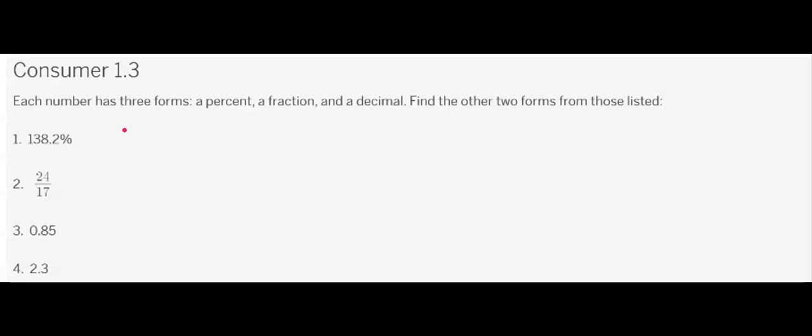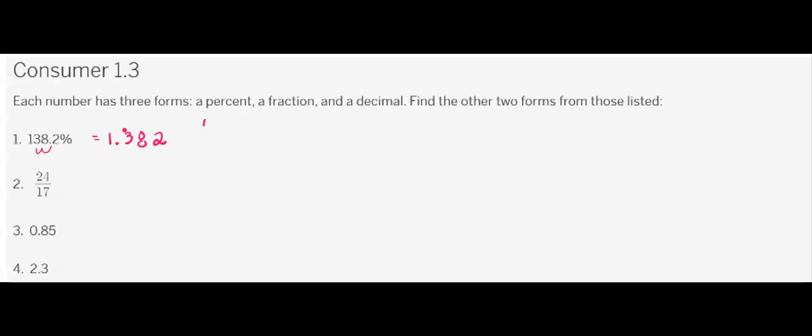It's easy to convert that into a decimal. We just move the decimal place 2 places to the left. So that becomes 1.382 as a decimal. But in order to convert it to a fraction, I've got to think a little bit. This is 1 and 382 thousandths.